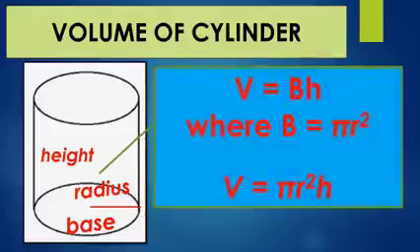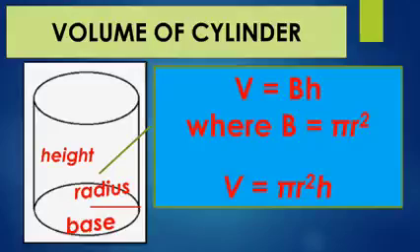So, in order to find the volume of a cylinder, that is simply finding the area of the base times the height, wherein base natin is equal to pi r squared. Again, this is the area of the circle, since our base of the cylinder is circle.